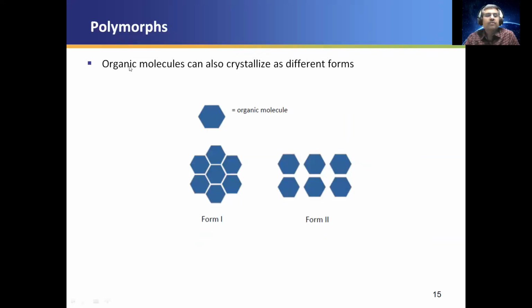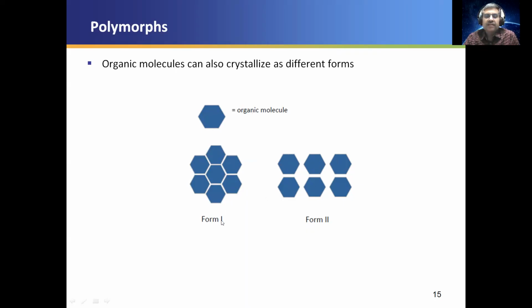What are polymorphs? Organic molecules can crystallize as different solid forms, and this phenomenon is called polymorphism. This hexagon depicts the organic molecule, and you can see that it can arrange in the supramolecular state in this way and in this way as well.